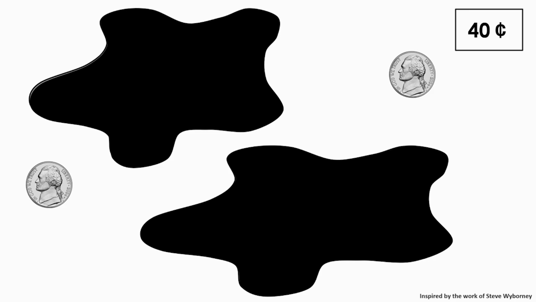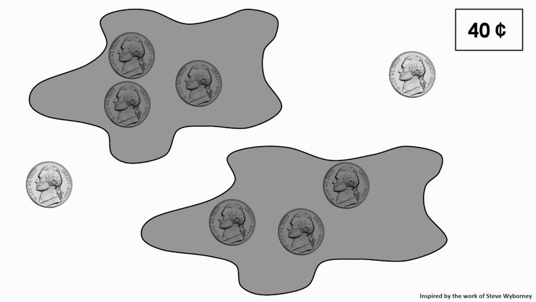I remember we had 8 nickels. I also remember we had 2 groups of 3. So if there's 3 nickels hiding under this top splat and 3 hiding under the bottom splat, let's count that. 5, 10, 15, 20, 25, 30. I think there's 30 cents hiding, or 6 nickels. Because if I have 8 nickels and I can see 2, 8 minus 2 is 6. Let's find out. Whew, 6 nickels or 30 cents.